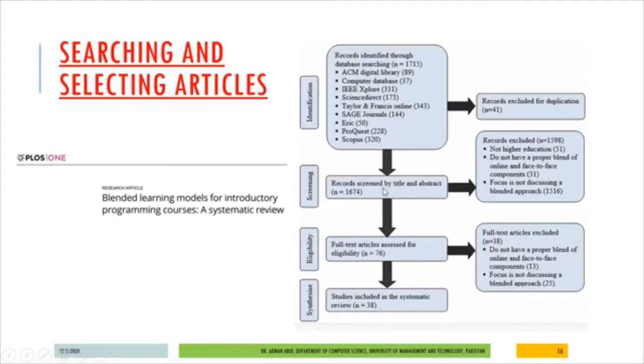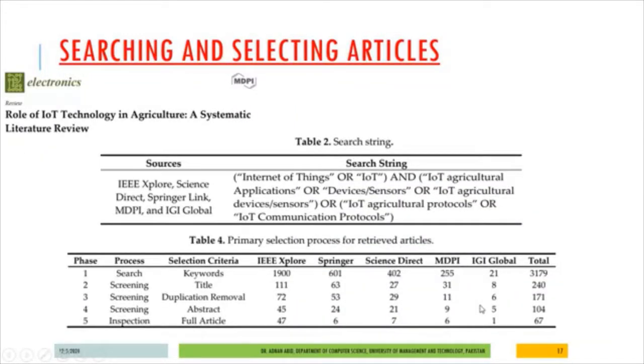We still thought that after reading the title and abstract that they fall into this category, but once we got into the rest of the details of the article, we figured out that 13 articles are not appropriate for selection. And lastly, focus is not discussing a blended approach. These are 35 articles that fell in this category, and we excluded them.